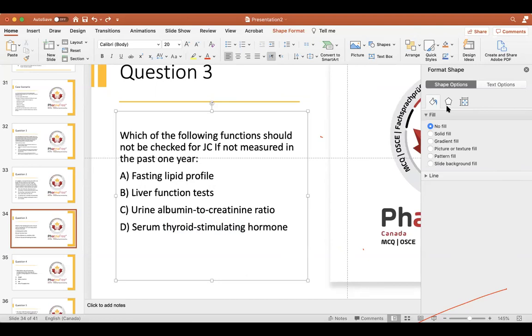He will be at higher risk of diabetes if he's hypothyroid.